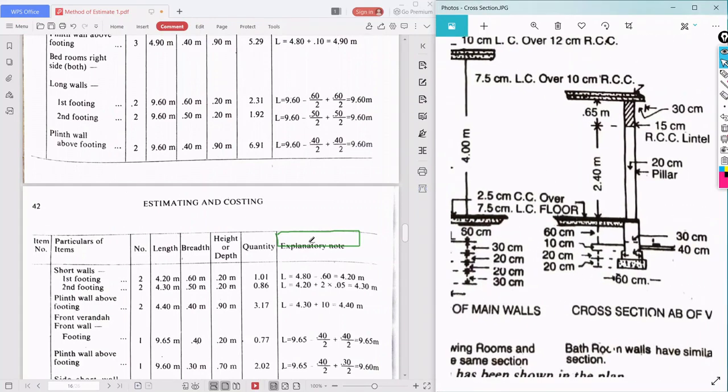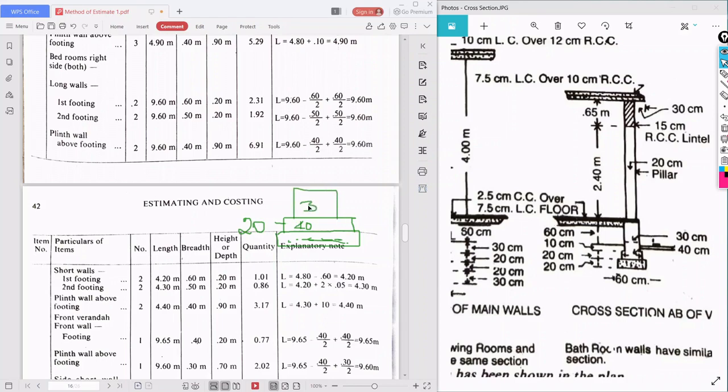So this is the CC bed. Only one footing is there. This is 40 centimeter and the height is 20 centimeter. Then directly there is a plinth wall.